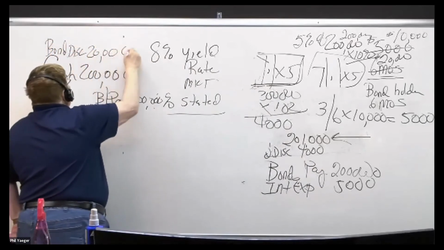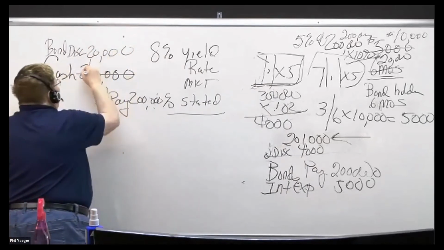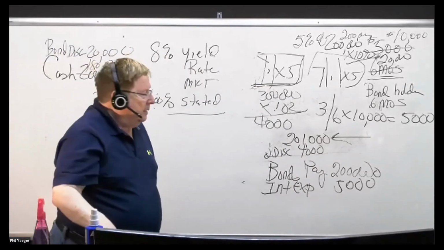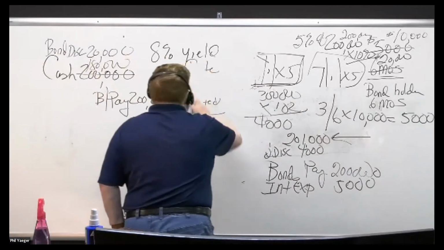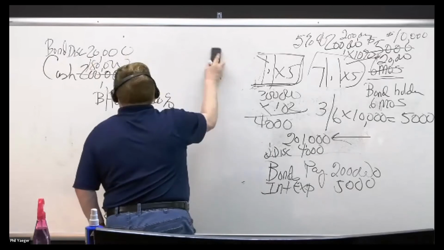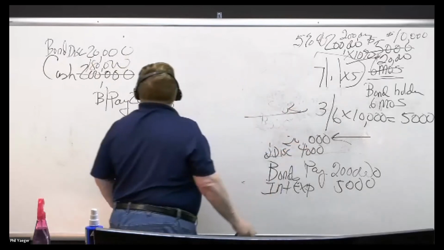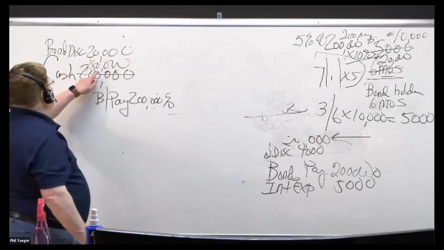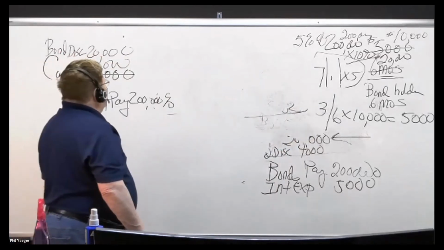Now my cash will be what? 180, right? Now, this is to the corporation issuing the bonds. Now, the investor has to make an entry, don't they? So the corporation debited bond discount 20,000, debited cash 180, and credited bonds payable 200,000.